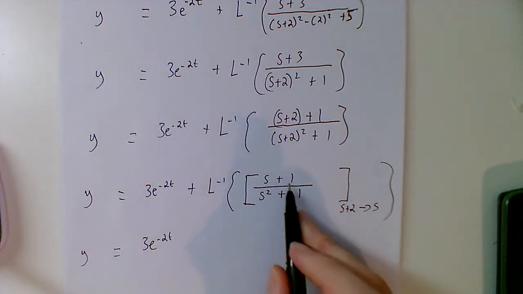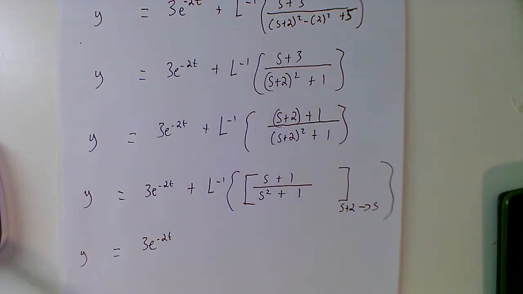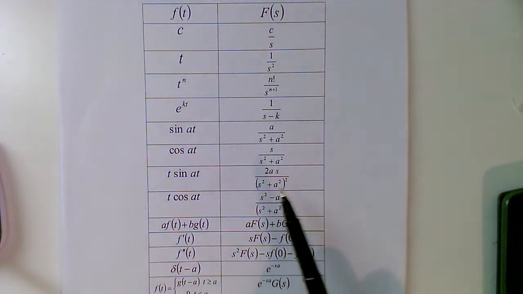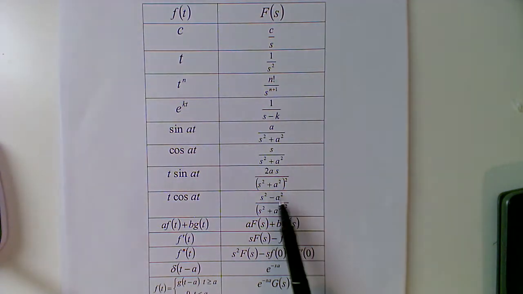I can't have 2 terms on the top here. It's not in my Laplace transform table. Look at my table: there's nothing that's got a plus or subtract in the top apart from this one here. And it can't possibly be this one because we don't have an s squared on the top.